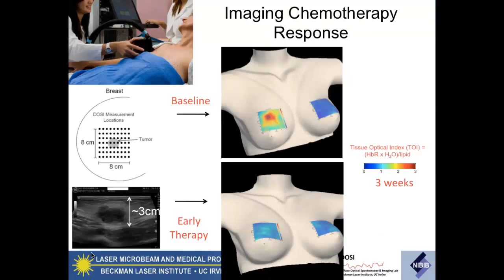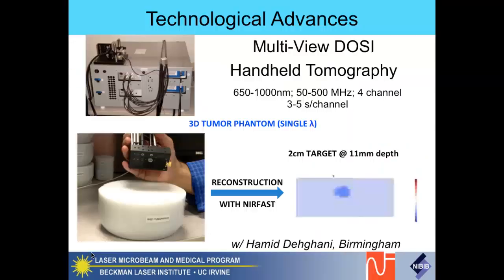So here's a patient where you see the tumor before therapy, and here's at the midpoint, or actually this is the early therapy response. And you'll also see this afternoon. Here's an instrument that has multiple views.